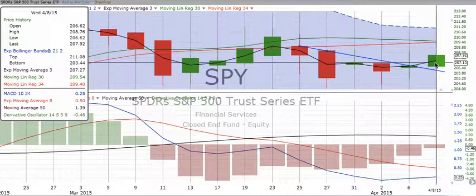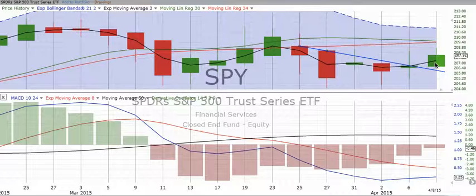What happened over the last day or so, you see that it has not moved above that. Again, it looks like it could be a stalling pattern, although the derivative oscillator is backing up, and the MACD does appear to be moving toward convergence. That means coming together. Divergence, like here, means growing apart. So it could be that it's getting ready to continue moving up, but we'll just have to see.